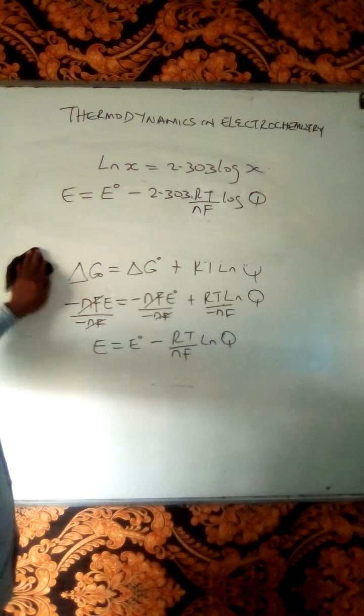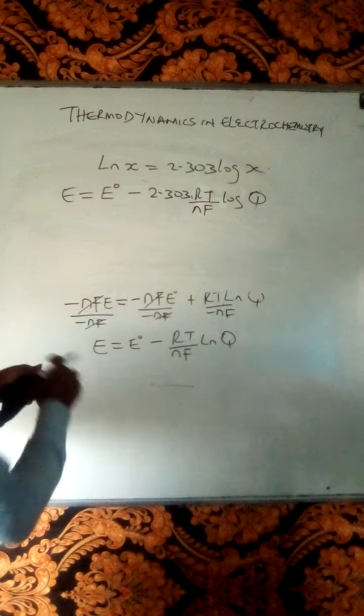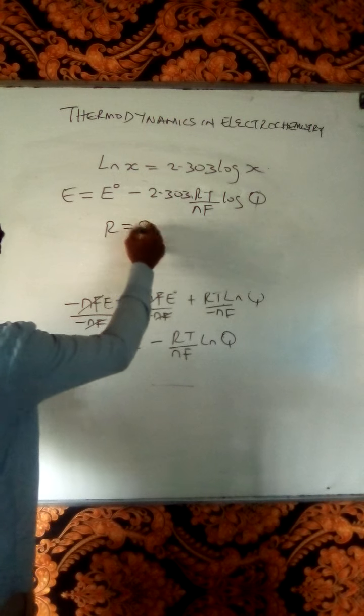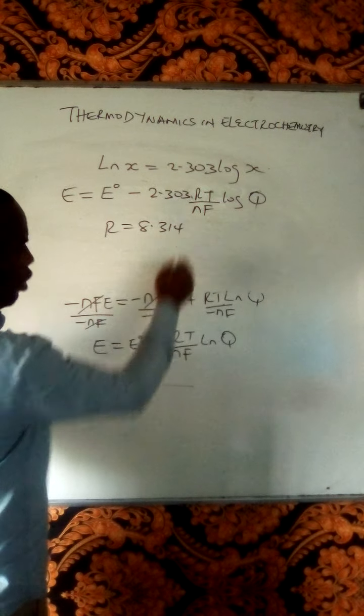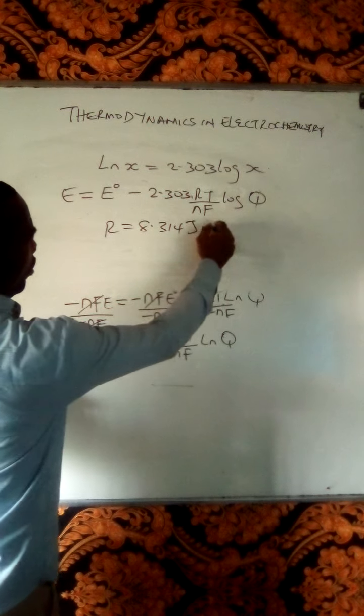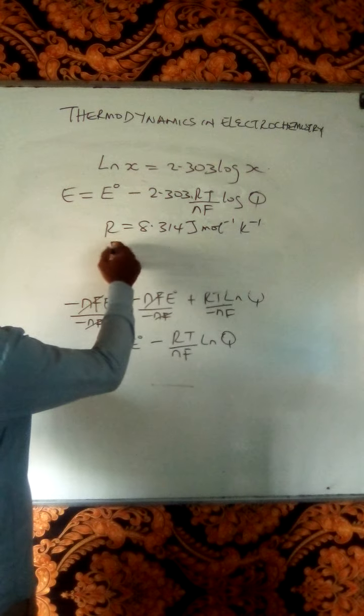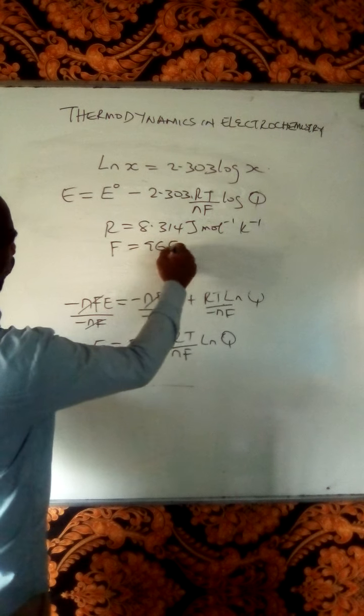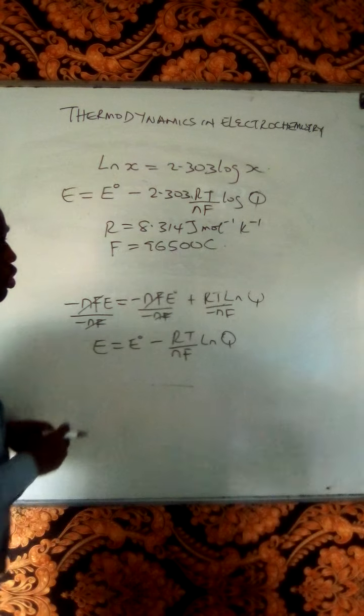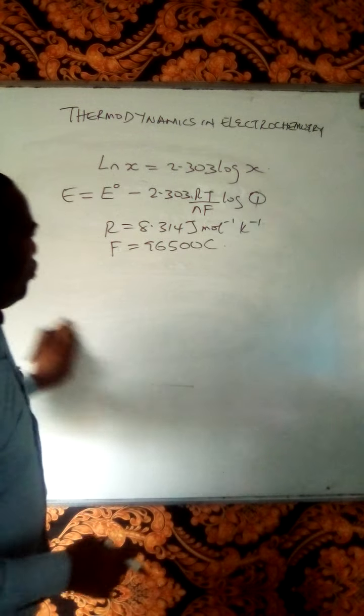Then having done that, we know that the gas constant R is 8.314 joules per mole per Kelvin, and the Faraday constant is 96500 coulombs. We now bring these values into this equation.